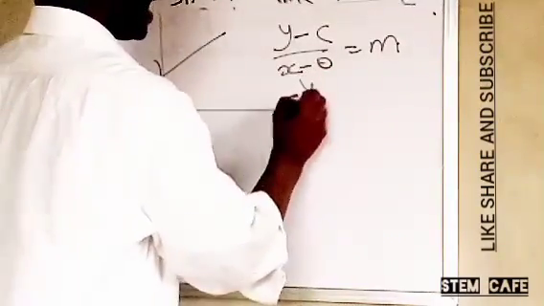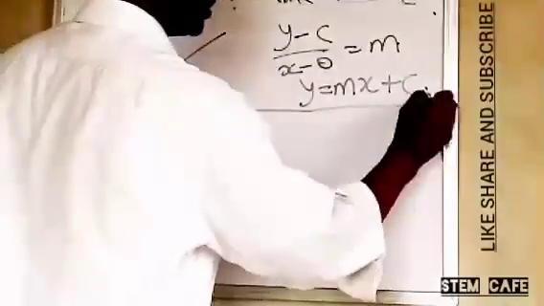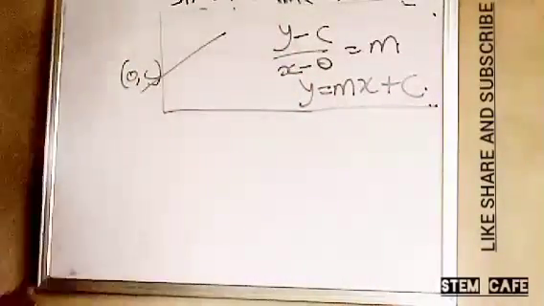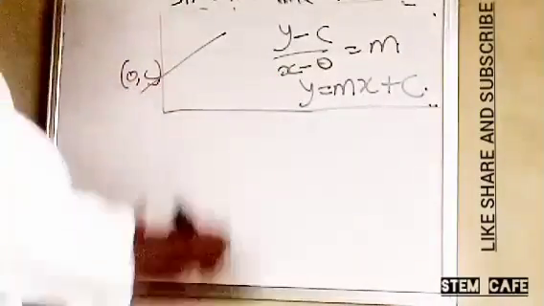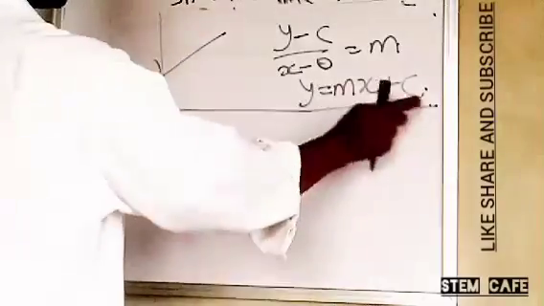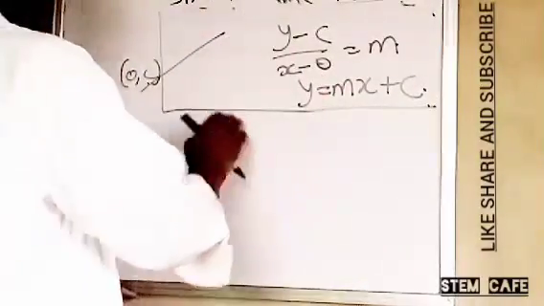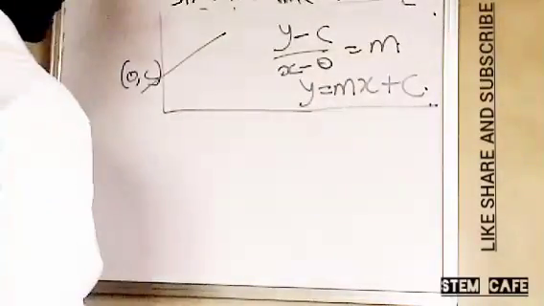So y will be equal to mx plus c. This one is always referred to as the gradient-intercept format. So when you know the intercept and you know the gradient, you can write out your straight line equation straight away.